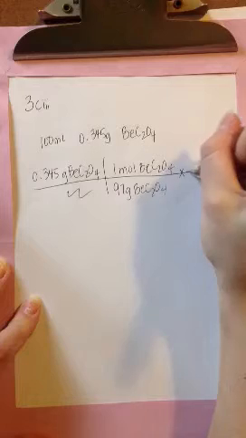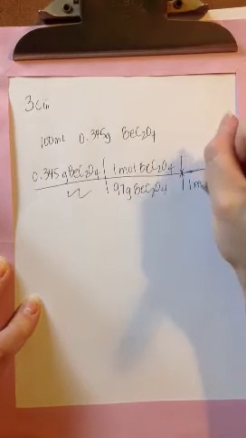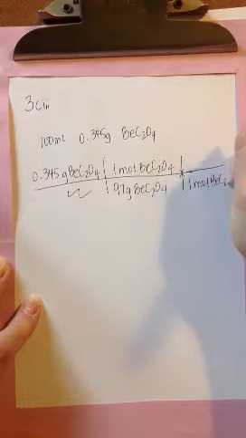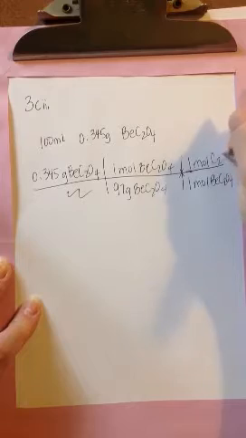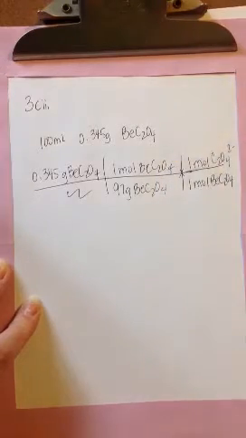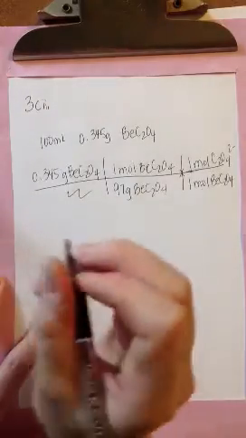And I know that for every BeC2O4, I have 1 mole of oxalate. So I can figure out how many moles of oxalate.